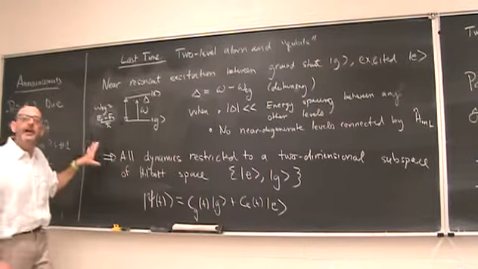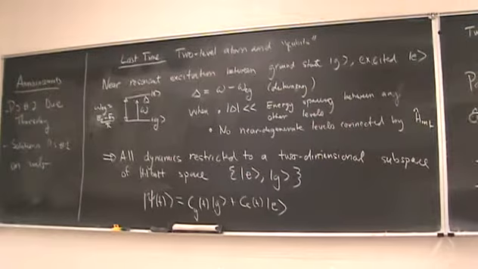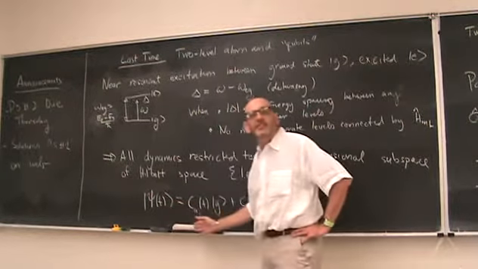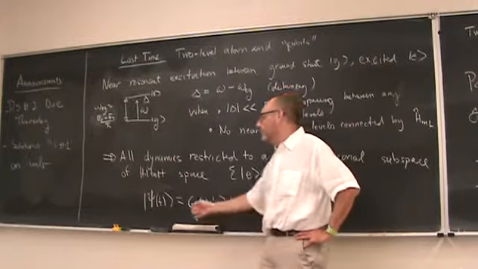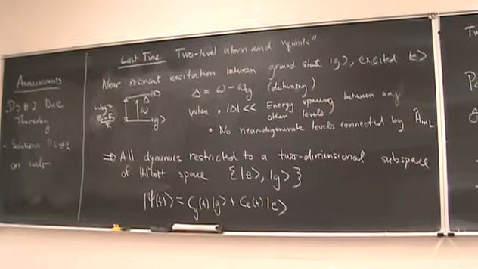And all of the dynamics of our atom are then described in a Hilbert space that's two-dimensional. Okay? And that means that, for example, any state vector that describes the atom is just restricted to this subspace, would be generally some superposition of ground and excited states. All right?